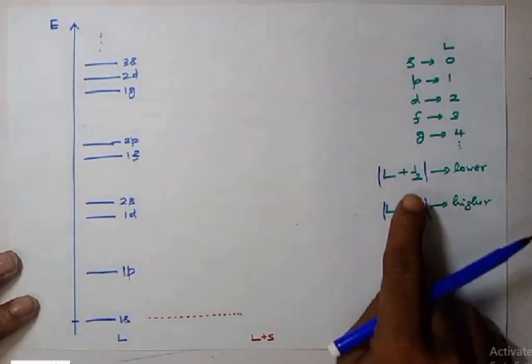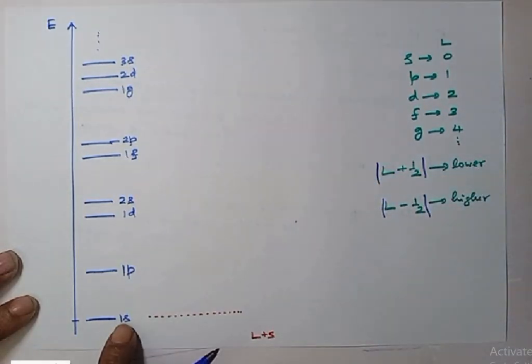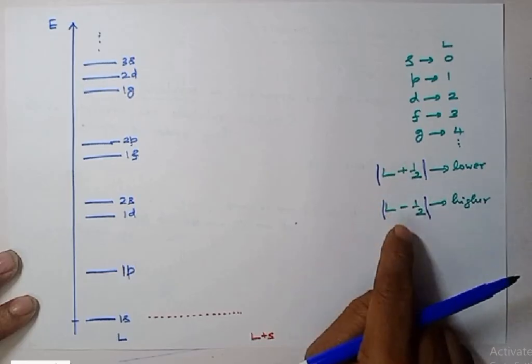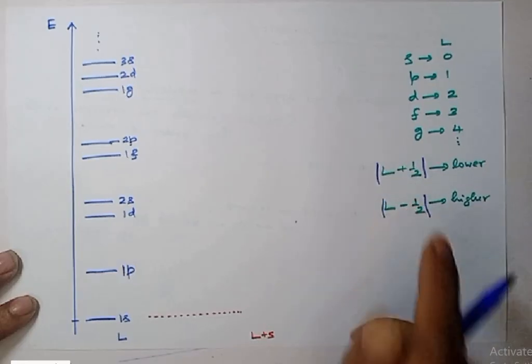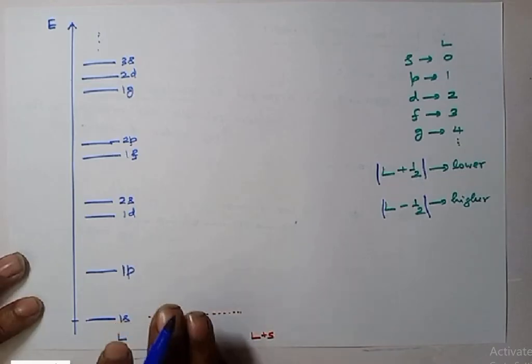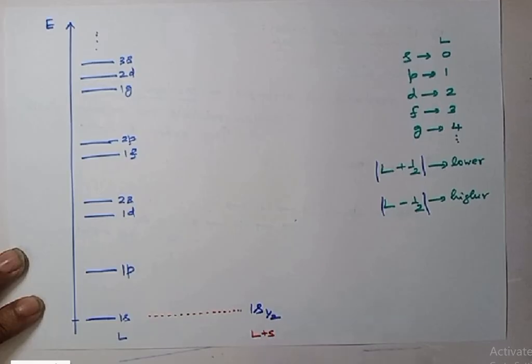So L plus half magnitude and L minus half magnitude. For 1s subshell, L value is 0. So here we will get plus half. Here we will get the magnitude of minus half, which is plus half only. So the 1s level does not split.